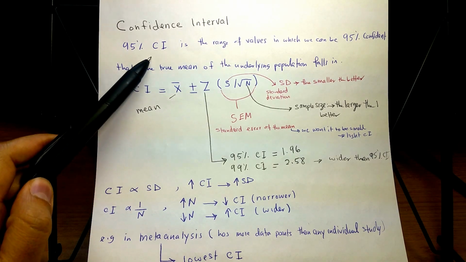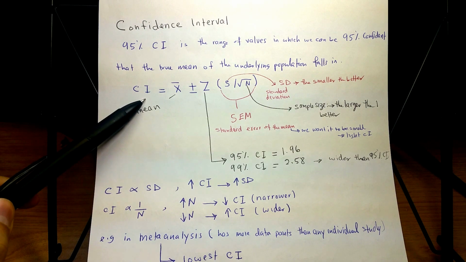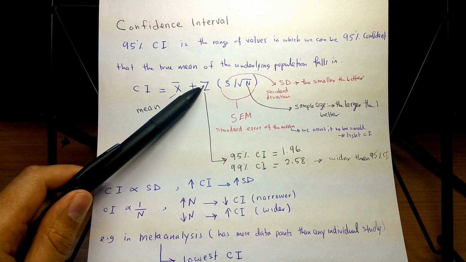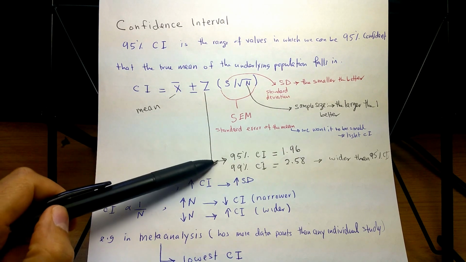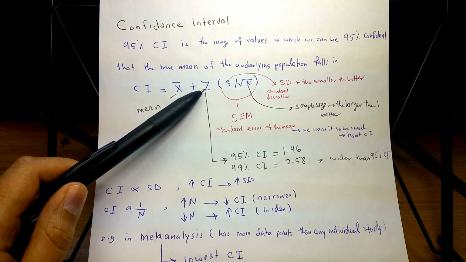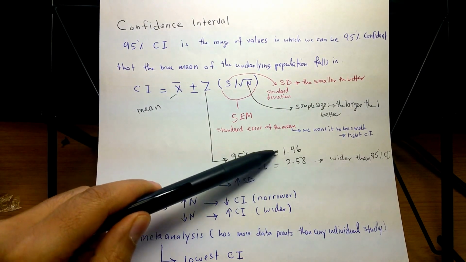So what's the equation? The confidence interval equals the mean plus or minus z times the standard error of the mean. We're usually given the z, or it's very easy. If they ask for the 95% confidence interval, it's 1.96.